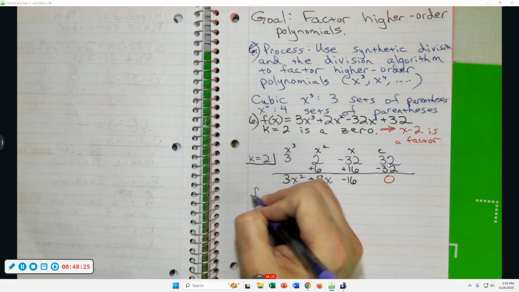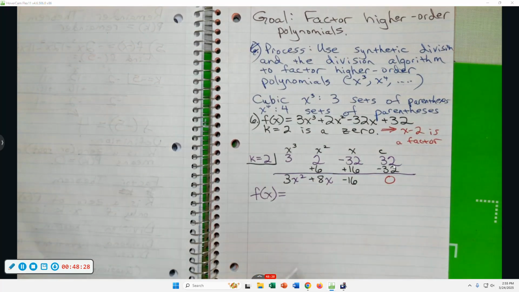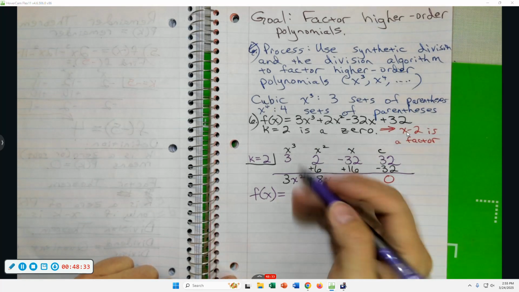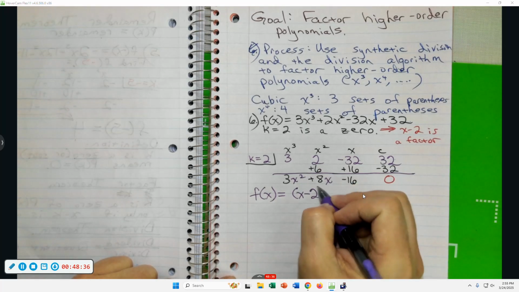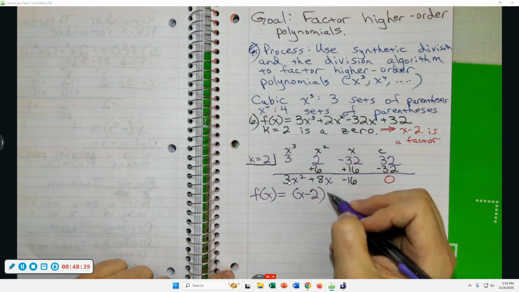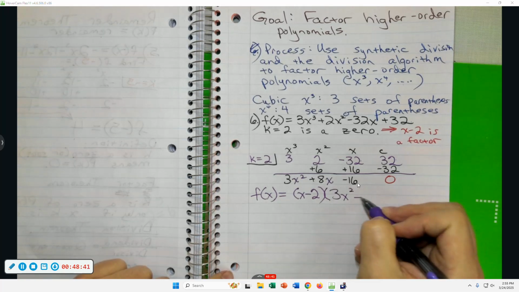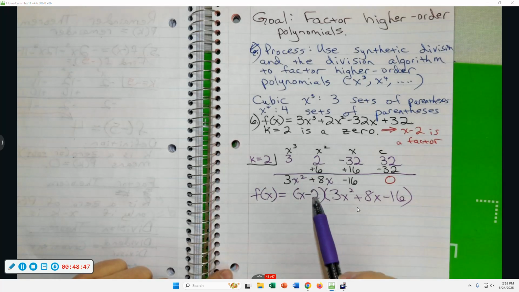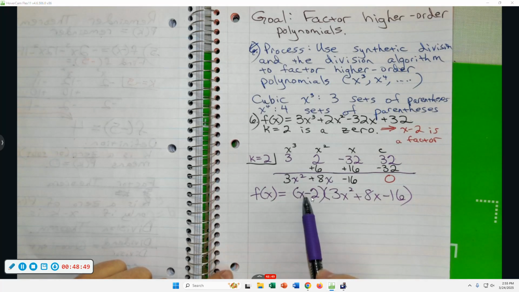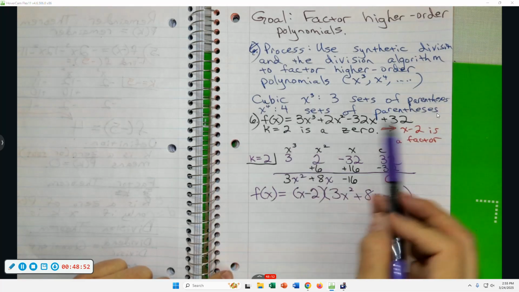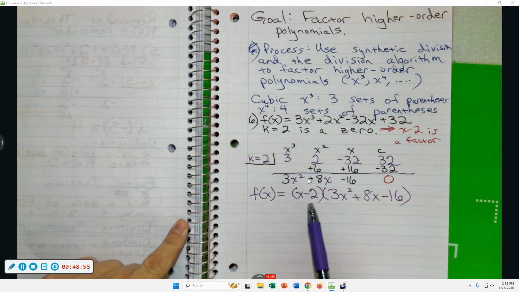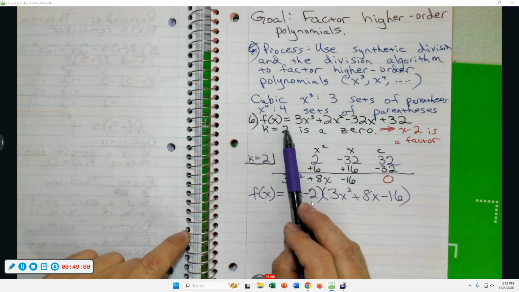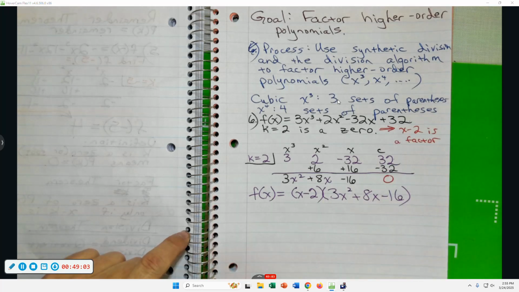So according to the division algorithm, f of x, that messy polynomial, has to be x minus 2, that's the divisor, times the quotient, 3x squared plus 8x minus 16. Quotient times divisor gives you dividend. We already knew that first factor, because 2 is a 0, that means x minus 2 is a factor.